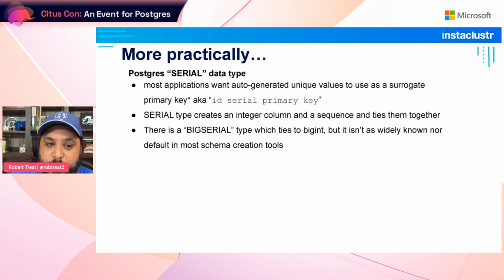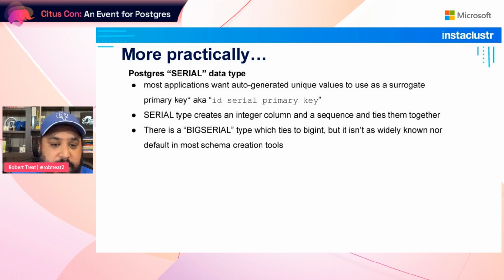In a more practical application, the way you see this in the real world is that people will pick a serial data type. What the serial data type does in Postgres is it takes the integer type, creates a sequence also of integer type, and then maps those behind the scenes to have a dependency and set up a default value. A lot of ORMs, web frameworks and schema management tools like to have a serial primary key where it's just an incrementing number, 1, 2, 3, 4, as you insert rows into that table.